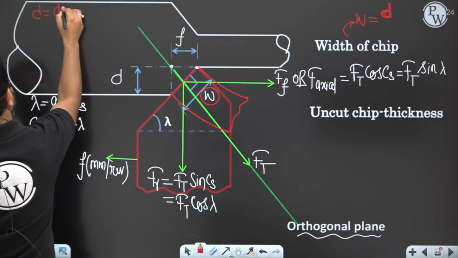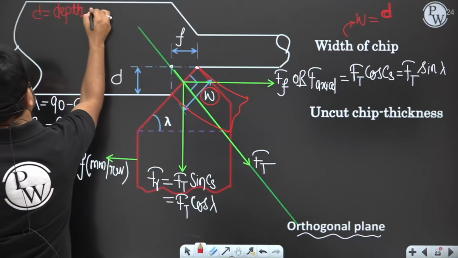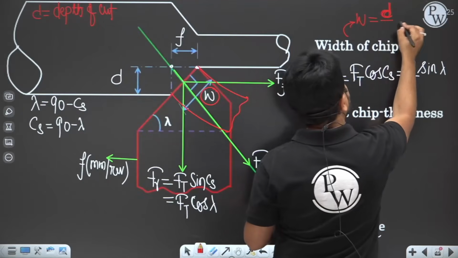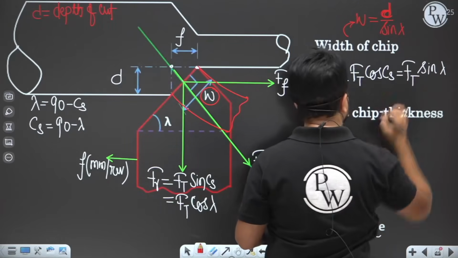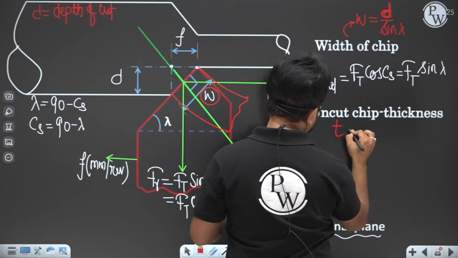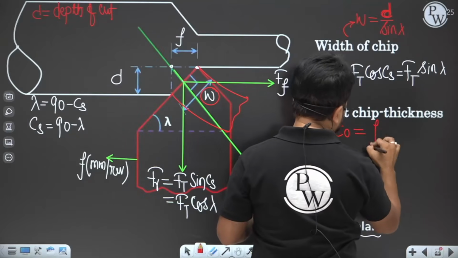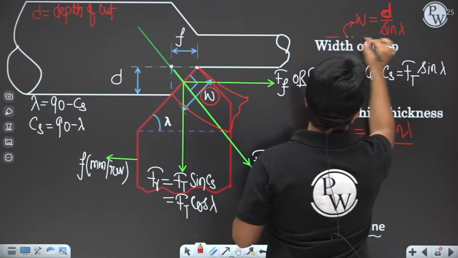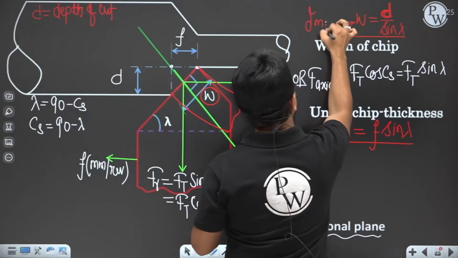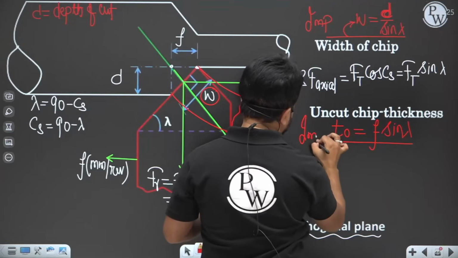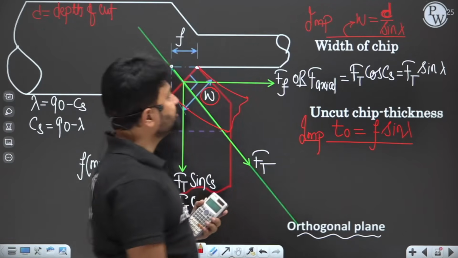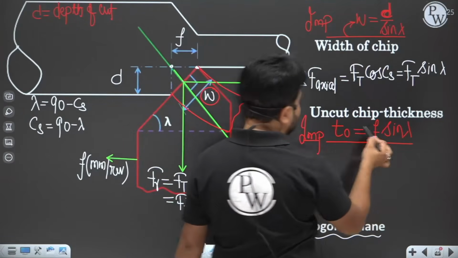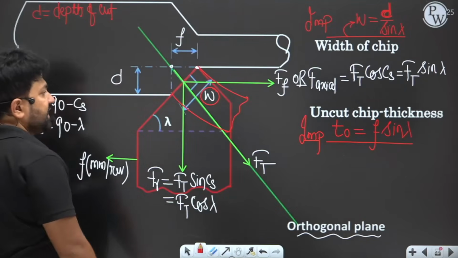And the uncut chip thickness, t0 in turning, will be f sine lambda. Please remember this, it is very important. So the width of chip is d by sine lambda, and the uncut chip thickness is f sine lambda.